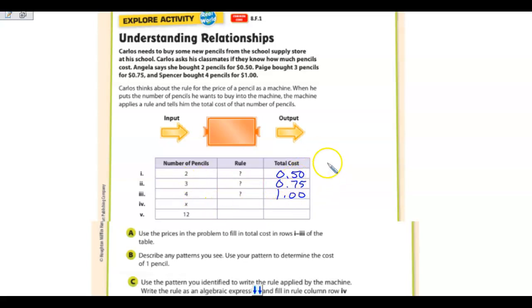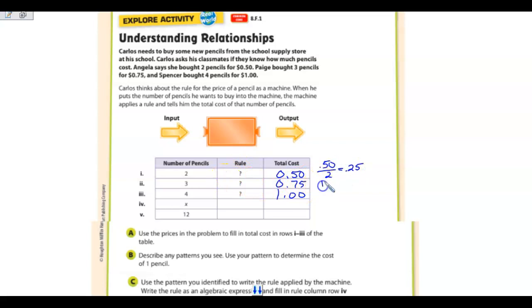Now I can see if there is a constant change or a variable rate of change by finding my constant. So I'm going to take my 50 cents and divide it by 2. And that gives me 25 cents.